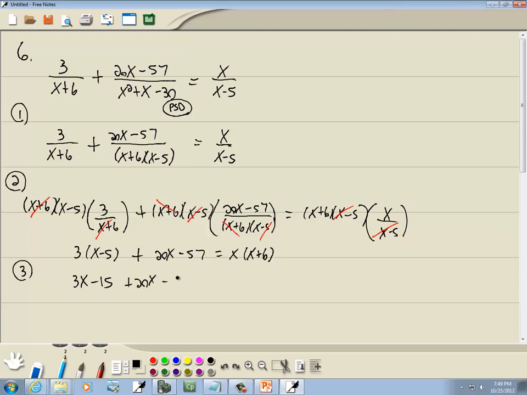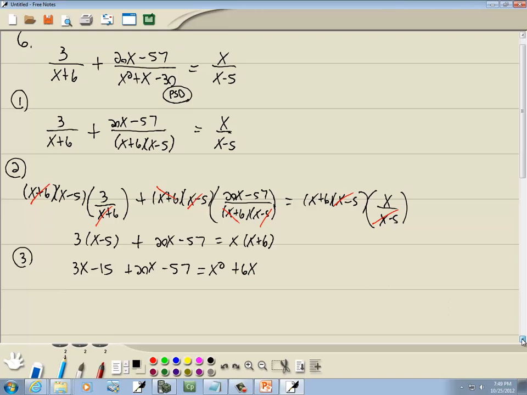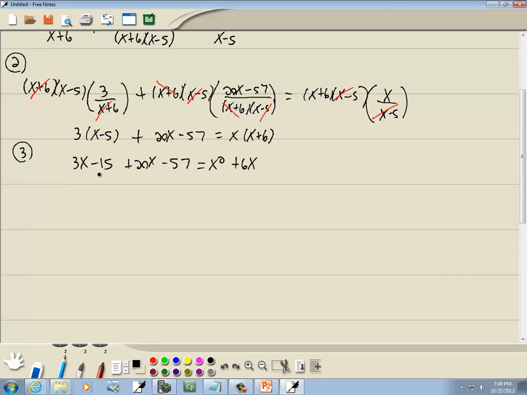Plus 20x minus 57 equals x times x is x squared, x times 6 is 6x. Combine together like terms in any step. 3x plus 20x is 23x. Negative 15, negative 57 is negative 72. So negative 72 equals x squared plus 6x.